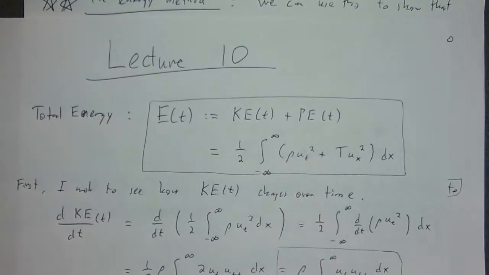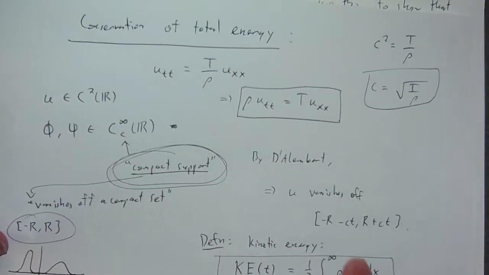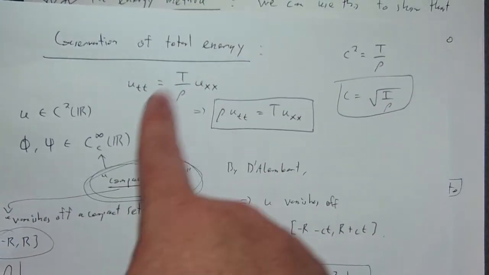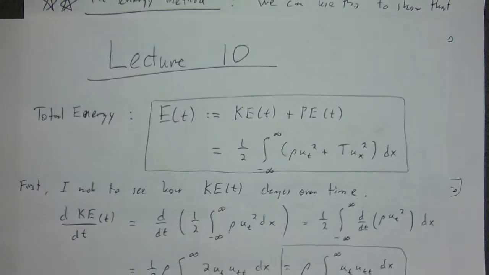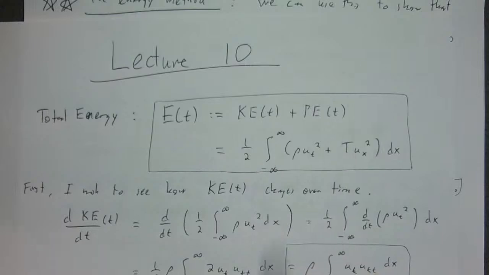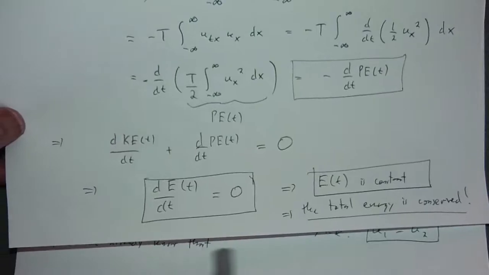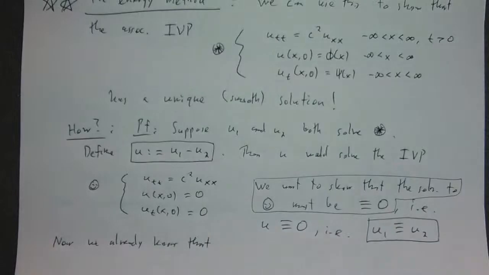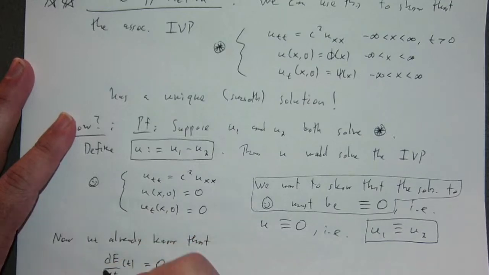The only reference that was made to my initial data was to guarantee compact support so that the computation worked out. But other than that, the only thing I needed was that everything here solved the wave equation. And so I had already shown that my total energy is constant. So I've already shown that the derivative of the energy is 0, so it's constant. So we already know that dE/dt is 0.